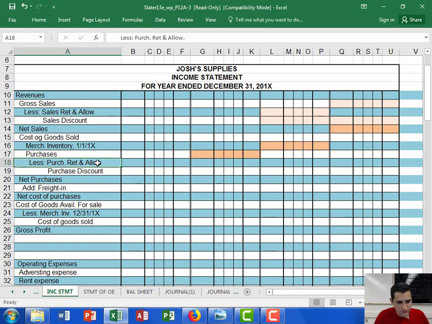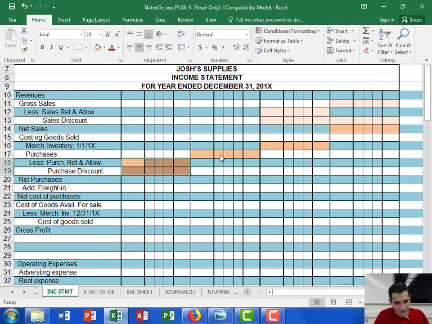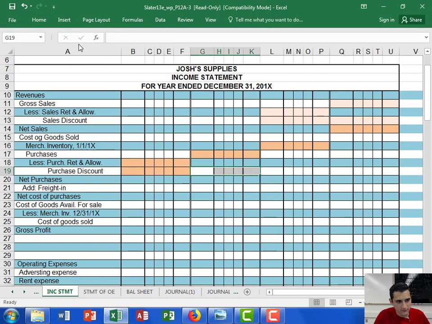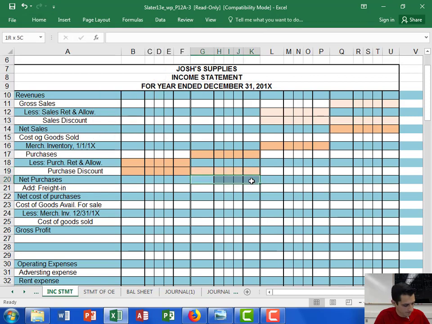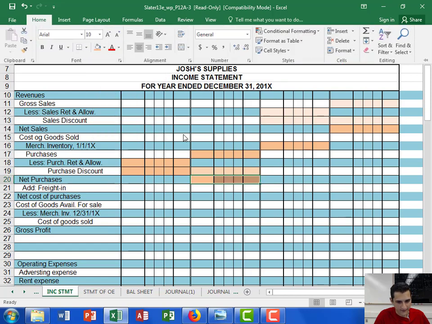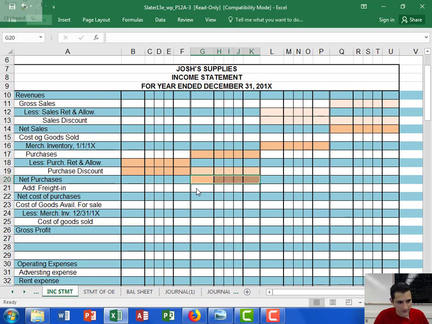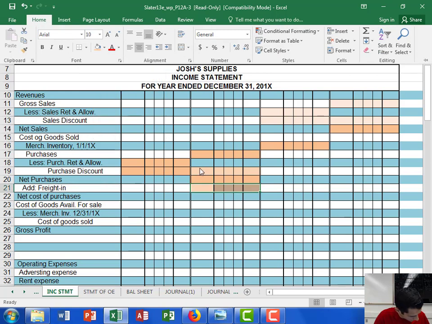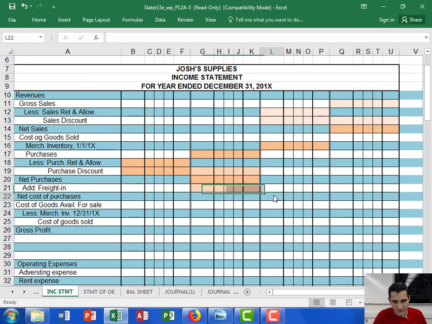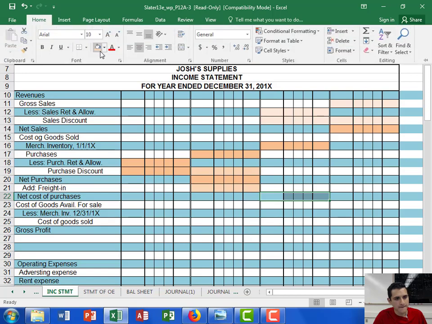Your less, these two accounts will be subtotaled here, because it's a subtotal to this subtotal, to then be added here, to then get your actual net purchase number right there. You'll then also add freight in here. You can add that number there, to then move that number over here, the net cost of purchases here.